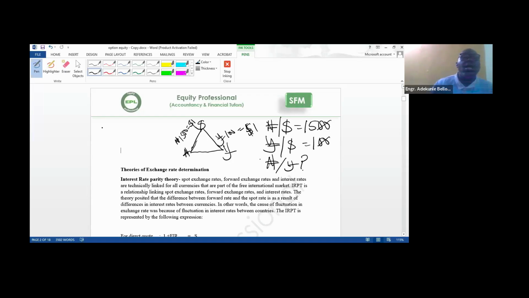That means 15 naira equal 1 Japanese yen based on cross rates. That means 15 naira we exchange for 1 Japanese yen. That is the cross rate.